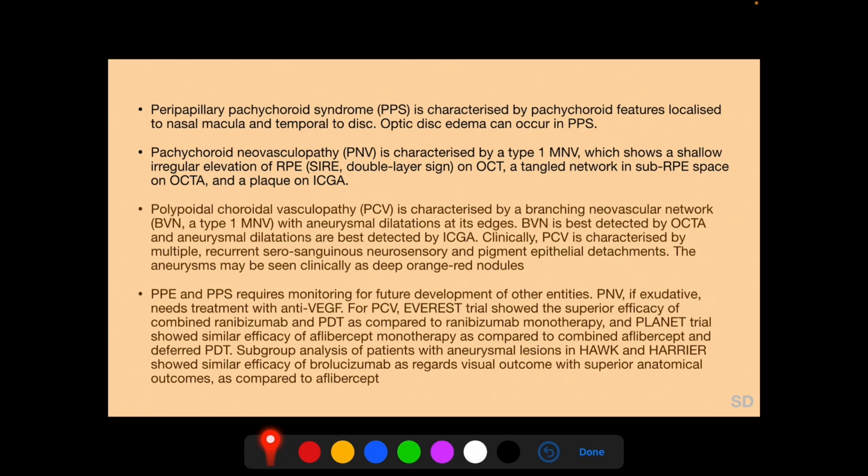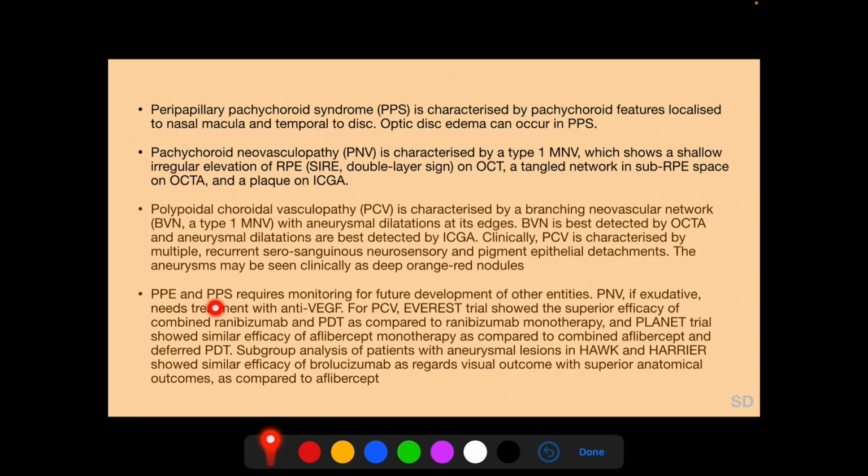The BVN is best detected by OCTA and the aneurysmal dilatations are best detected by ICGA. Clinically, PCV is characterized by recurrent episodes of multiple serosanguinous neurosensory and pigment epithelial detachments. The aneurysms may be seen clinically as deep orange-red spheroidal nodules.